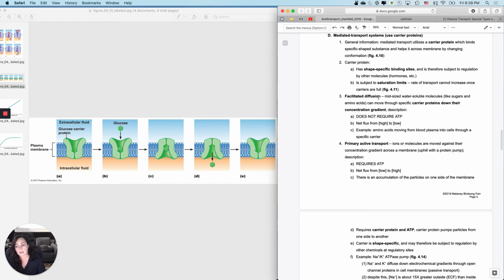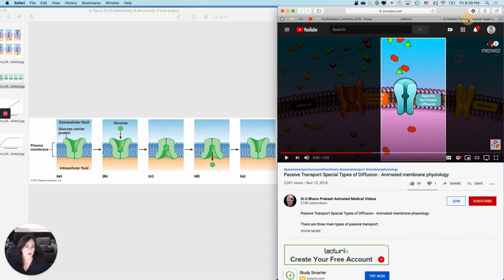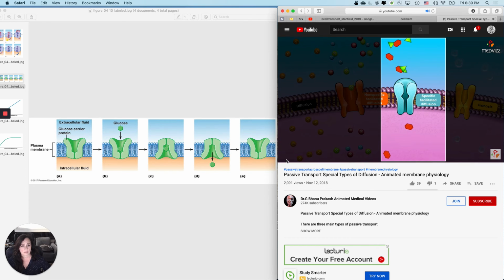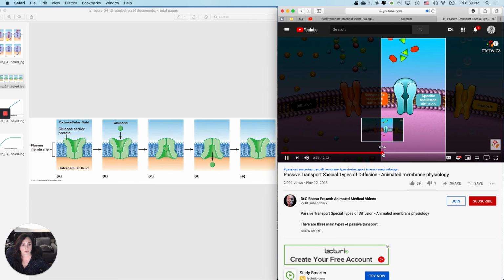And this is a really, really common way of getting amino acids from the blood plasma into the cells. It's a really common way of getting glucose inside cells. It's really used all over the body. And just to give you a visual, even though this one shows far more, let me just show you this specific facilitated diffusion. If the molecule is not recognized, the channel will not open to allow the molecule.